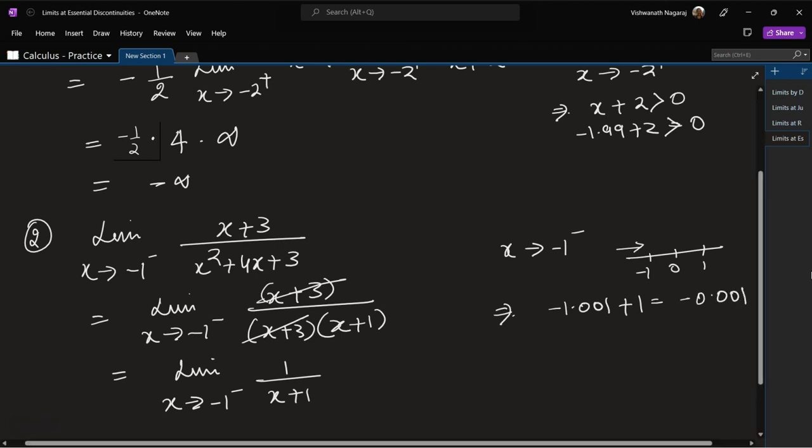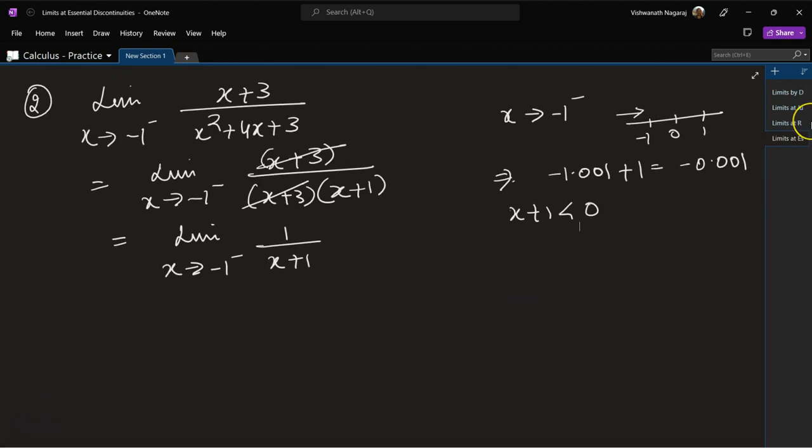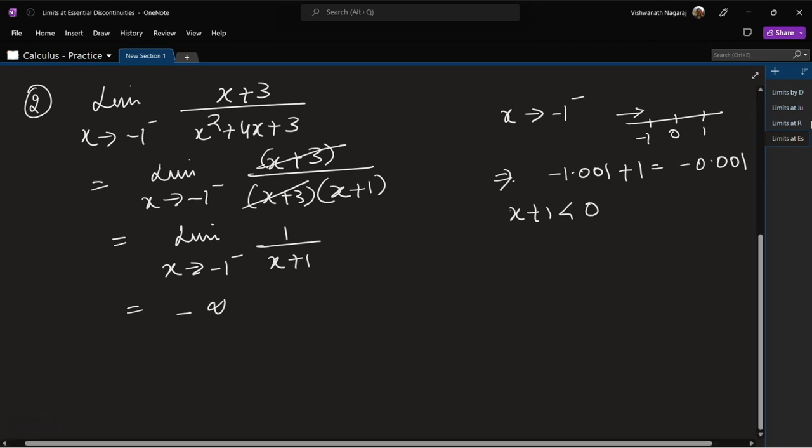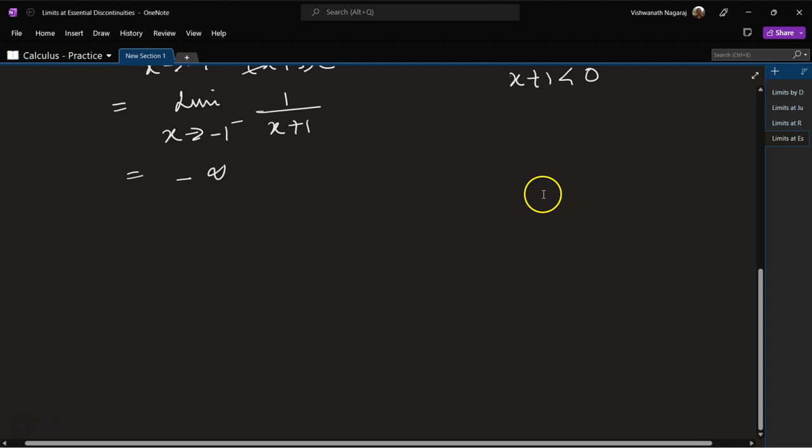That means x plus 1 is going to be less than 0, right? That means it is going to be a negative number. So when we take the limit, what happens? 1 by a very small number, which is less than 0. That means a very small negative number. So that means this will be minus infinity. Okay. Third one.